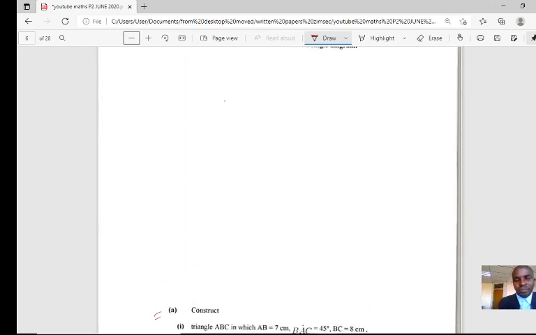So let's do that one. I can put my baseline here. My line looks straight. A powerful line indeed. Then I can put my point A here. Then I have to construct an angle of 90 degrees at A.